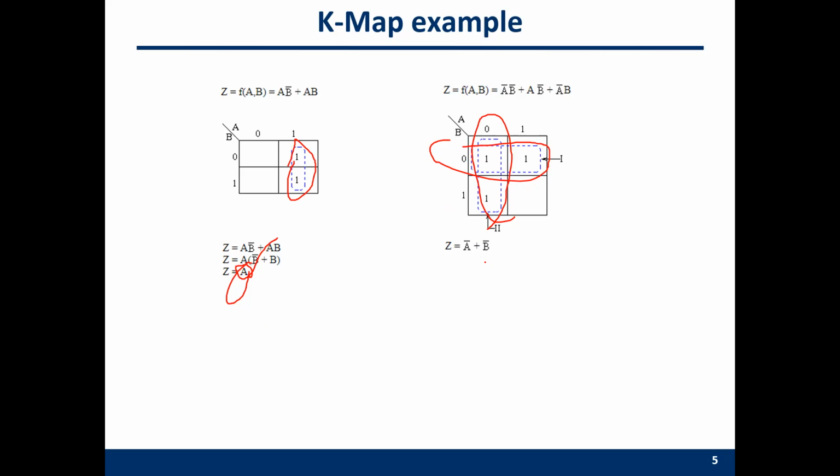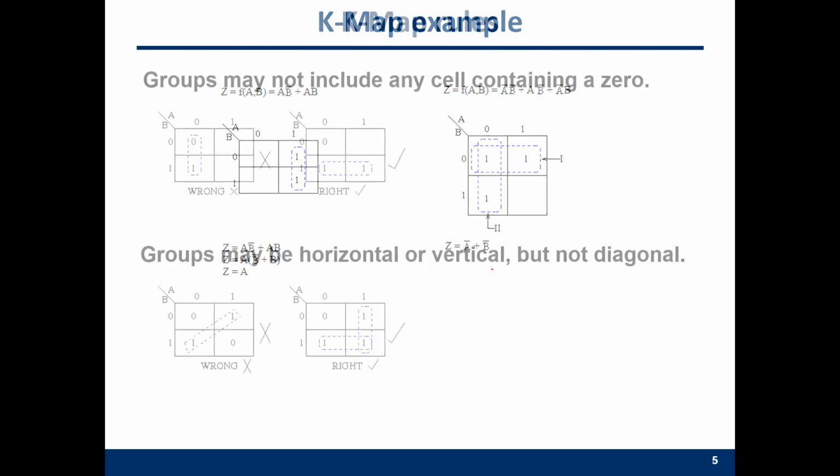A can be 1 and 0. So A or A bar equals 1. So we have no A here. We write B bar here. And then we just need to sum these two groups together. The sum represents all. So you can see that in this way, we can do the simplification.